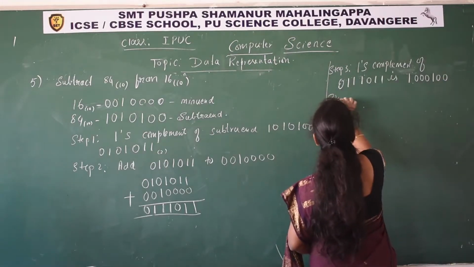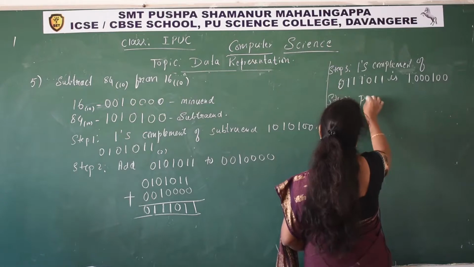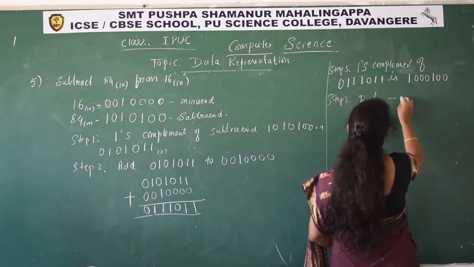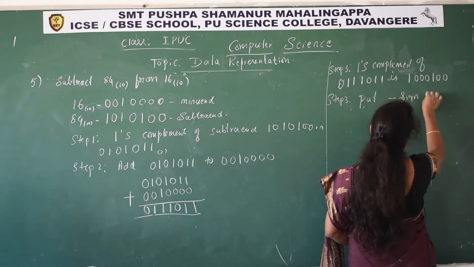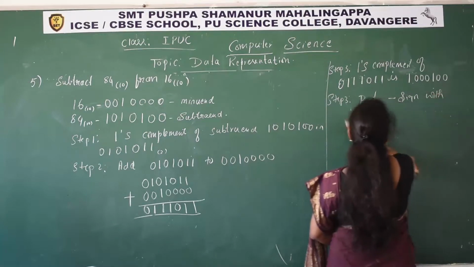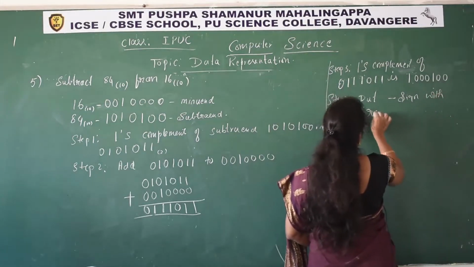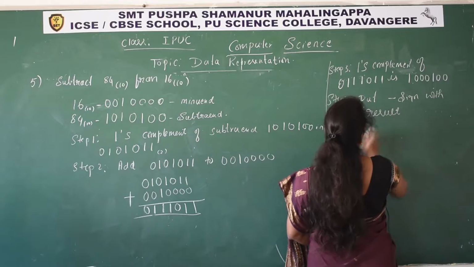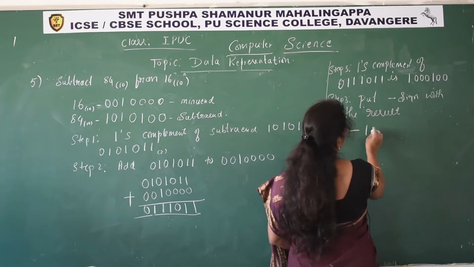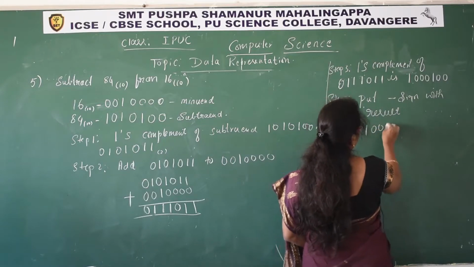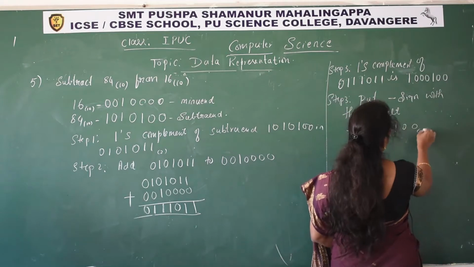Step 4. Put a minus sign with the result. Minus 1000100 base 2.